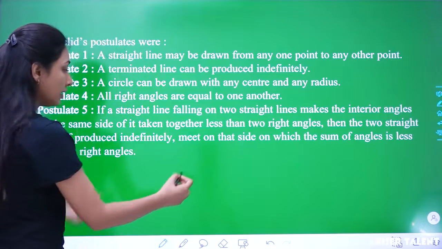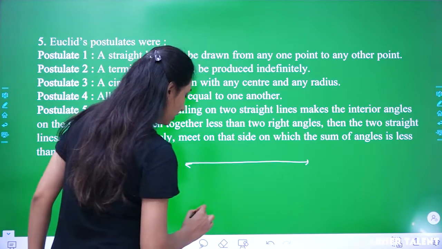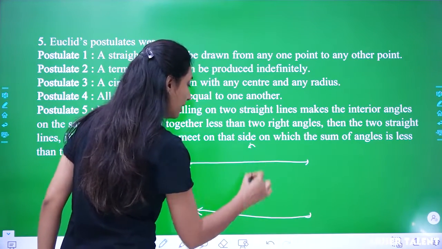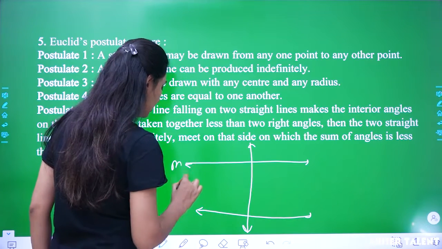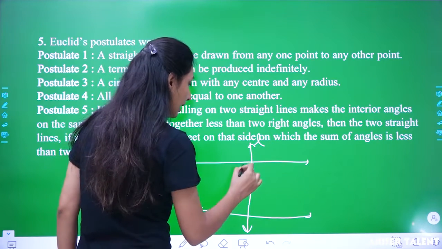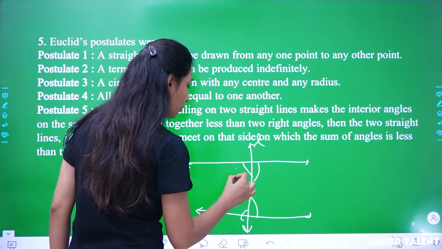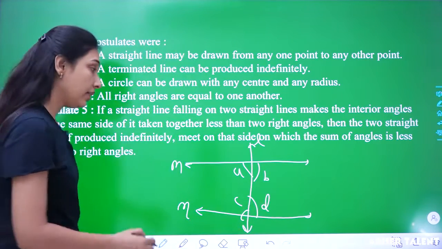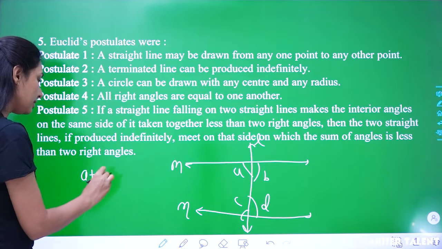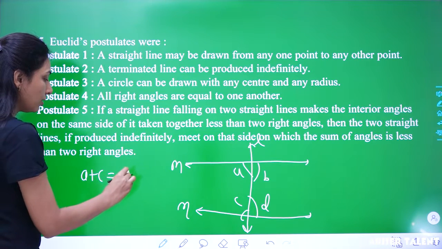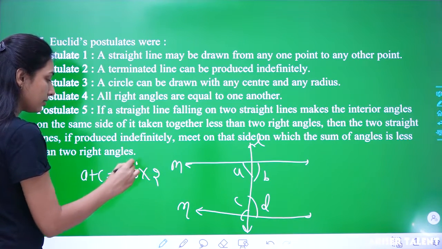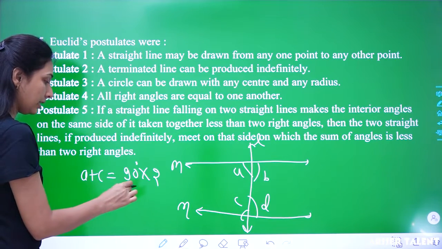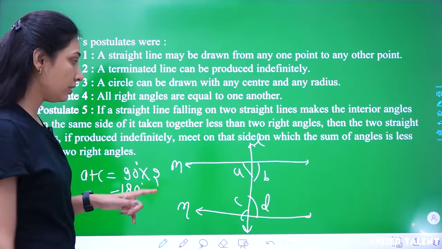The thing is, if I am having these two lines, and this is L, this is M, this is N, and I am having these four angles, say A, B, C, D. Now, if A plus C is equal to, let's suppose, two right angles, that is 180 degrees, in that condition also it is not going to meet.